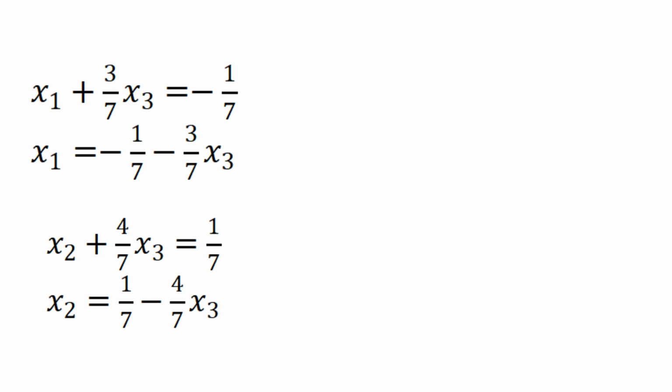From row 2, x sub 2 plus 4 over 7 x sub 3 equals 1 over 7, so x sub 2 equals 1 over 7 minus 4 over 7 x sub 3.